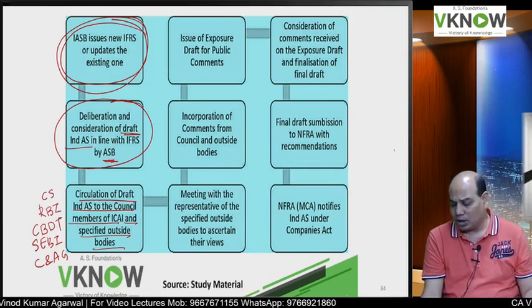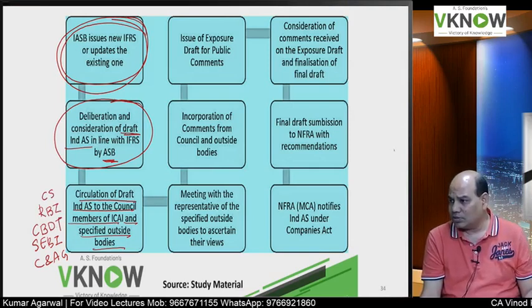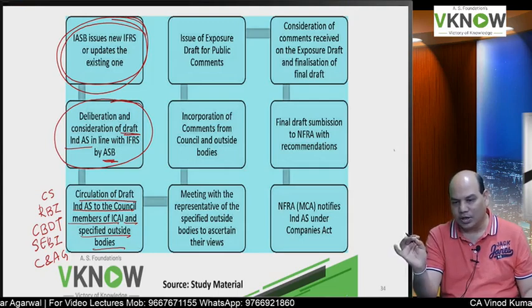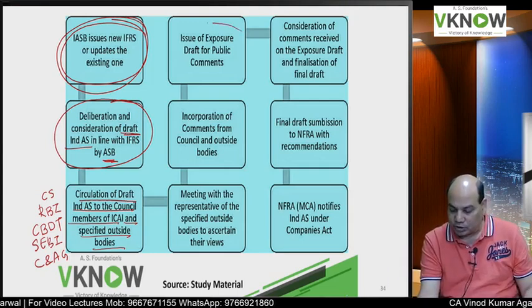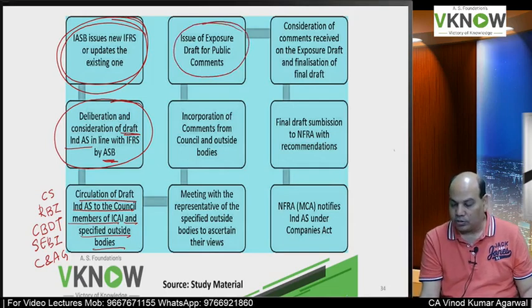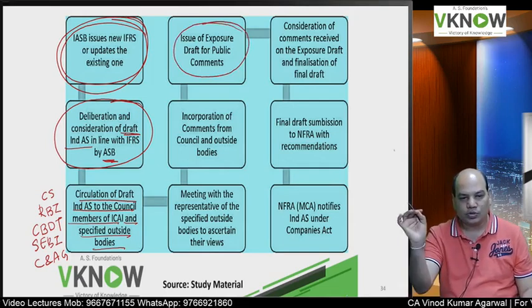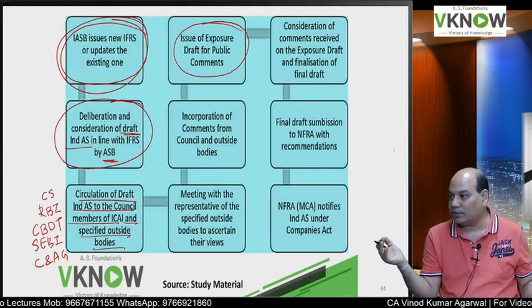So some outside agencies or organizations are also shared this draft, and then issue of exposure draft for public comment. If you look at the institute website, they will come out with an exposure draft.